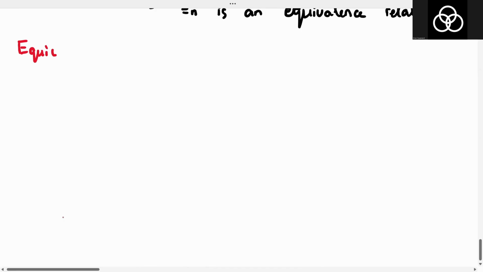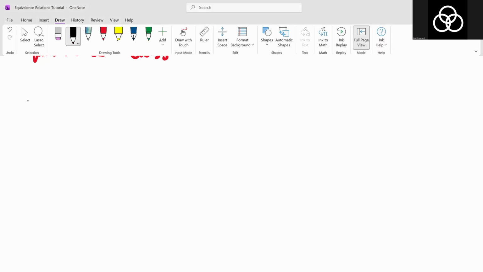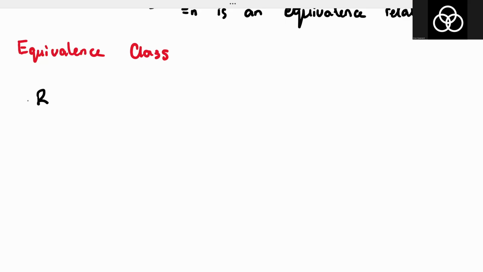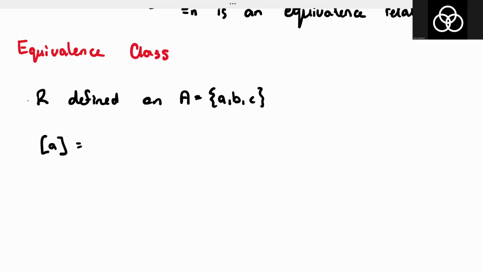So we know that the equivalence class, let's say we have a relation R defined on a set A, and let's say A is equal to {a, b, c}. Then the equivalence class of a was defined to be all the elements, let's say y, such that a is related to y.